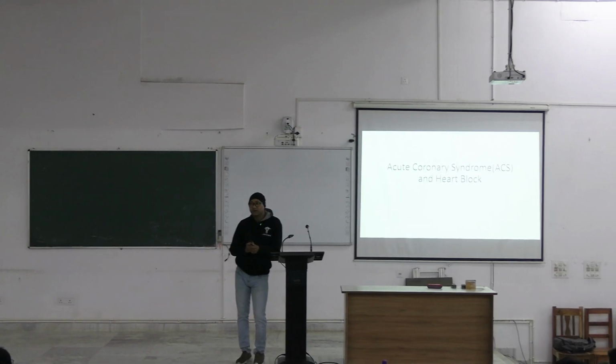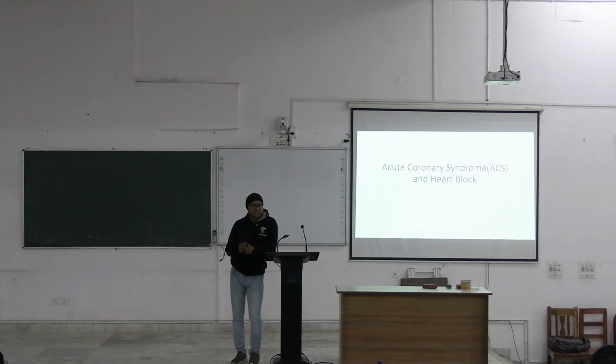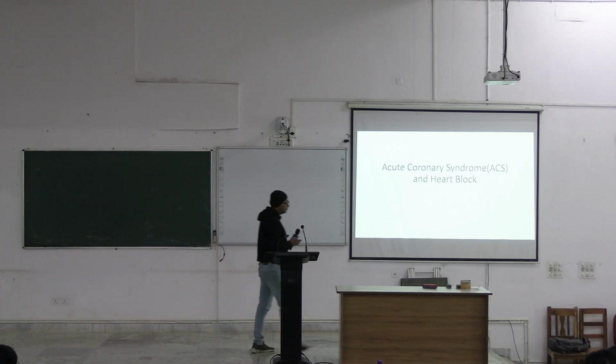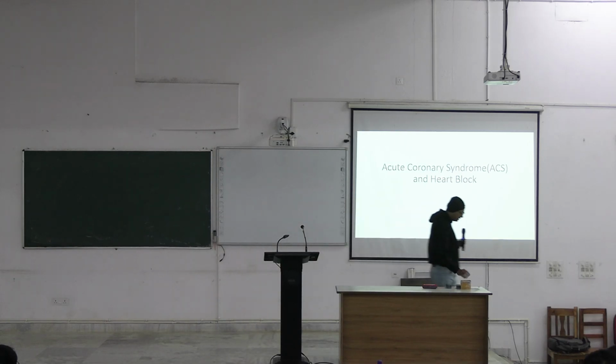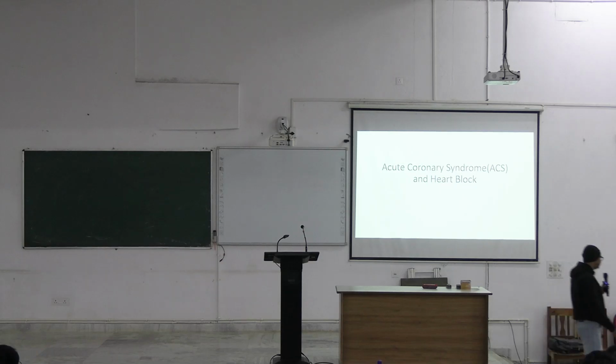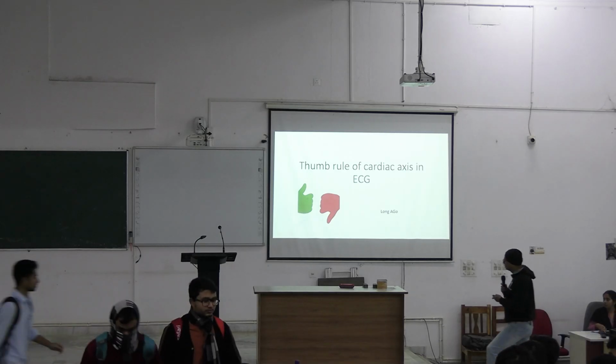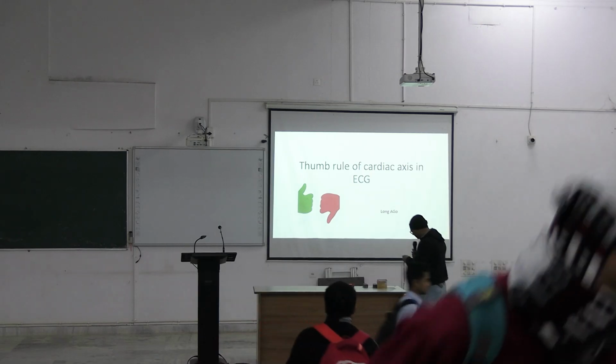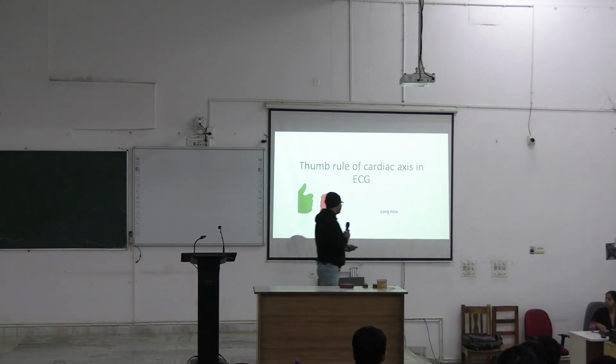So, I had taught determination of ECG axis by a simple rule called the thumb rule, and you have known that, right. So, determination of ECG axis by thumb rule, whether it is normal axis, left axis deviation or right axis deviation. If you remember, we had determined ECG axis with the help of our thumb.